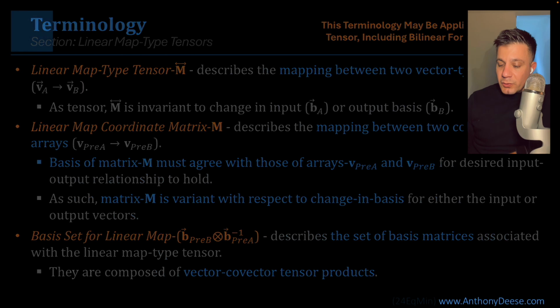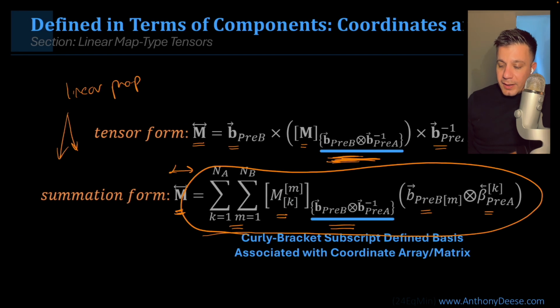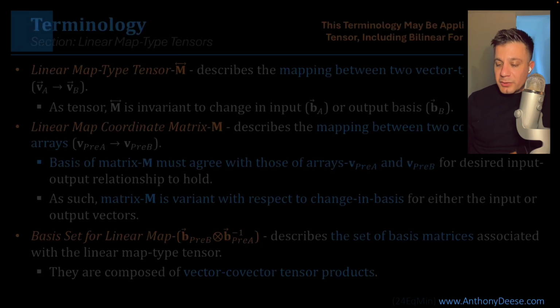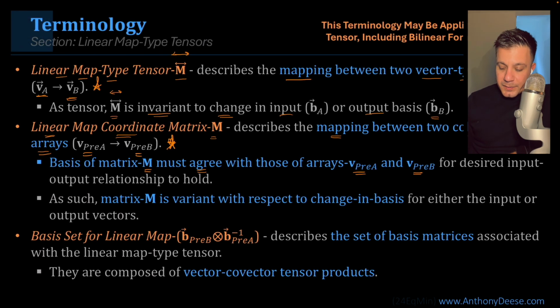And this is similar to what we saw over here, right? Our coordinate matrix is defined as the tensor product of the basis sets associated with the inputs and the outputs respectively, with one being inverted. So matrix M is variant with respect to covariant change of basis in either the input or the output vectors.